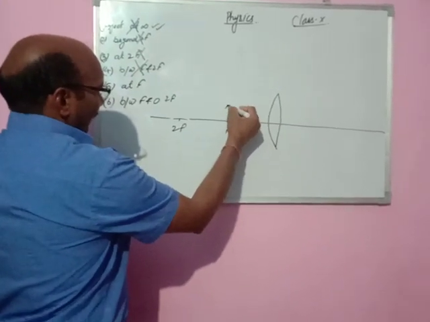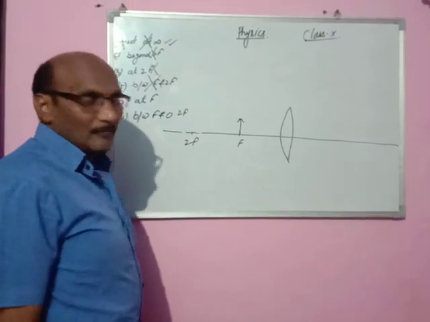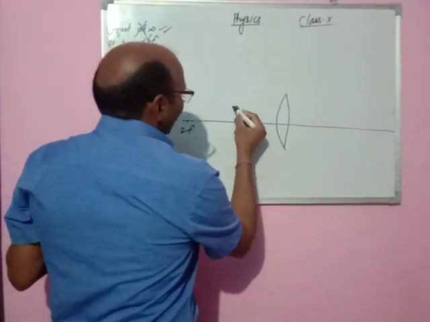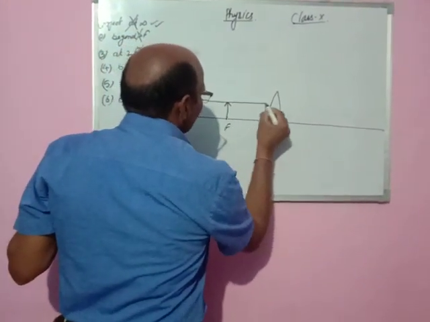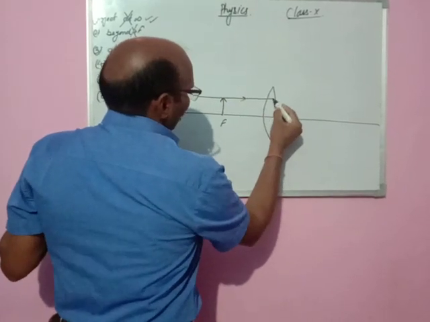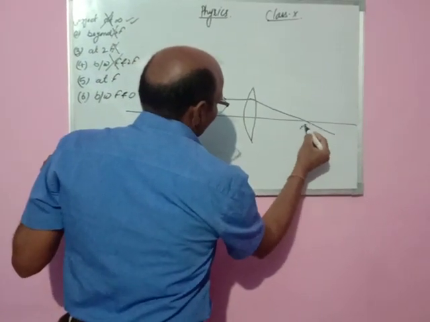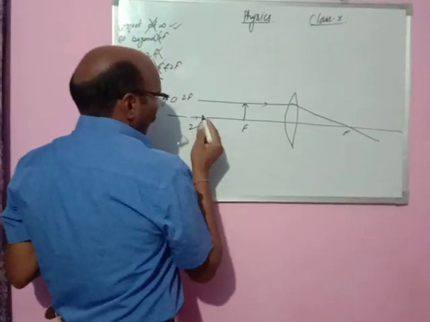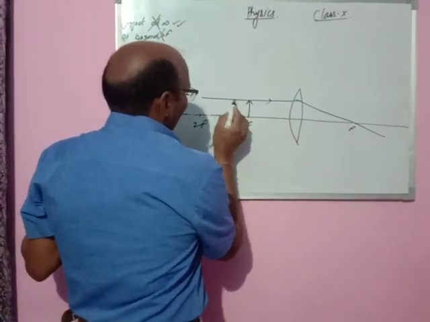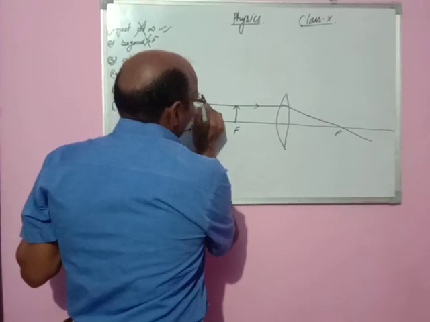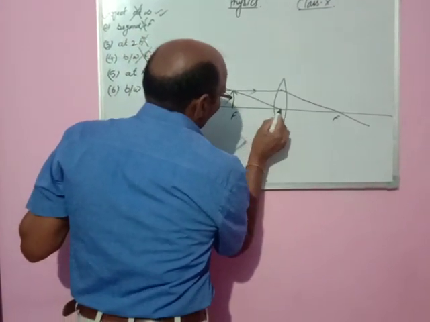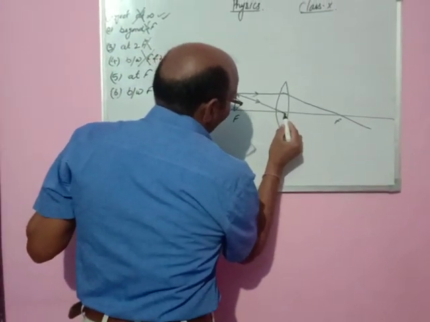Object is kept at F. So first light ray which will come parallel to principal axis will pass through focus, and one more light ray which is coming through O, it will go undeviated.